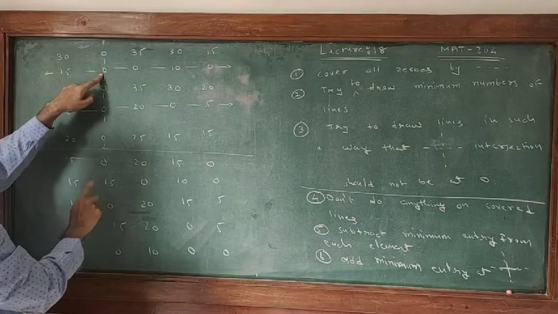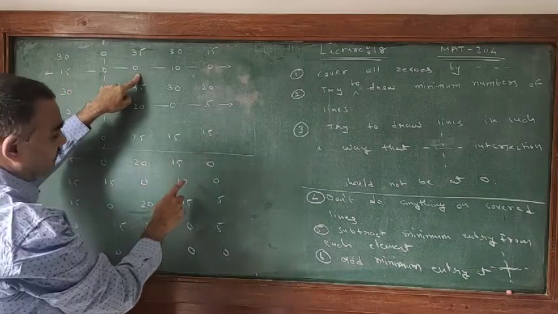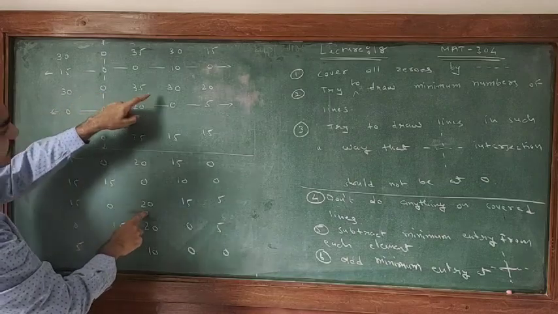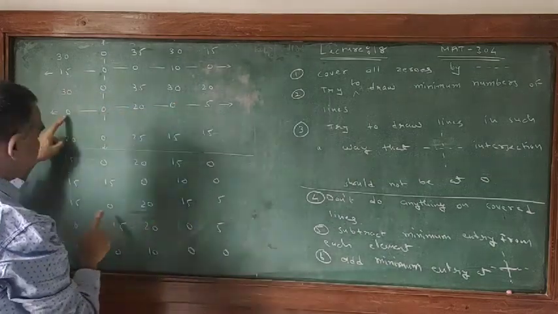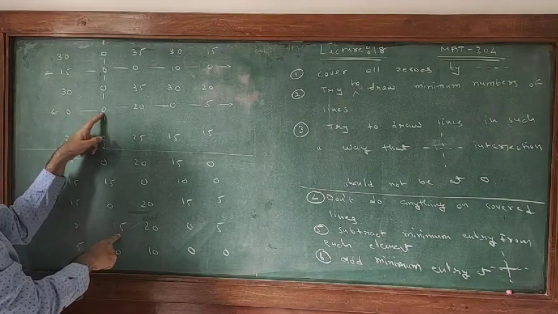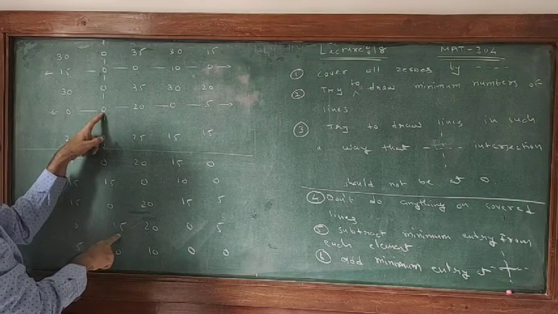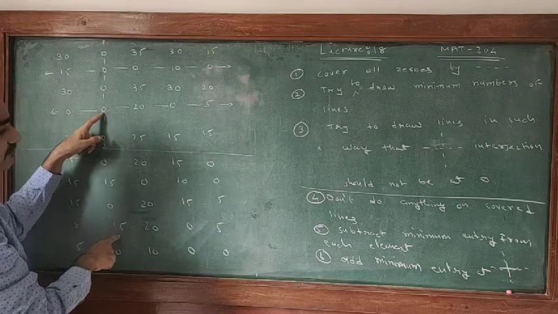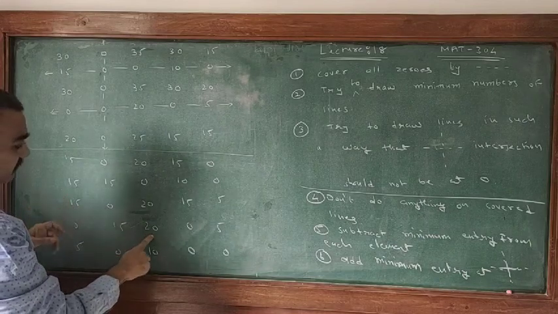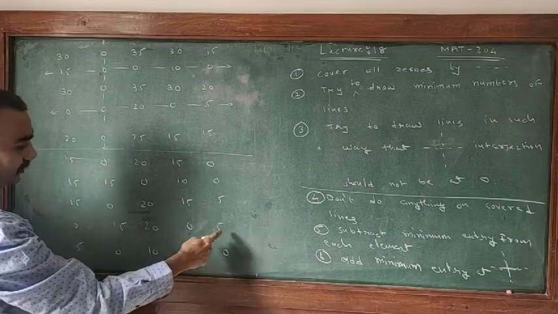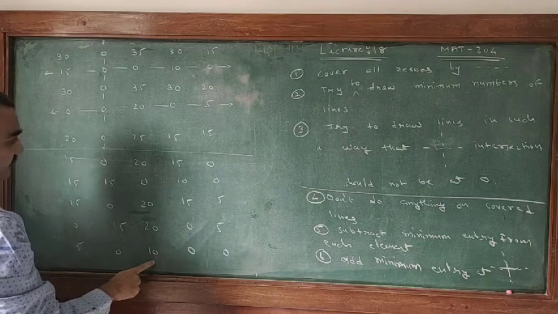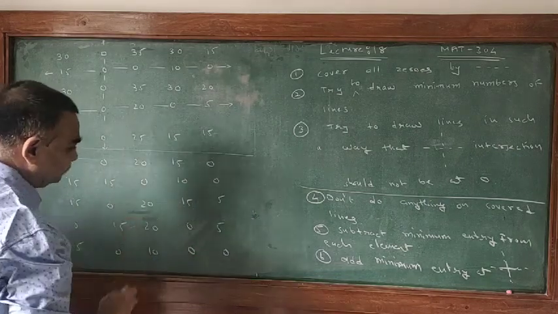Add the minimum entry, means it is 50, 0, 10, 0. 15, 0, 20, 15, 5. 0, 15, the intersection is 1 by adding 50. Going in that way we have fewer zeros, because we want to pass the assignment at 0. 20, 0 and 5. We don't do anything on the line. 5, 0, 10, 15 means 0, 0.